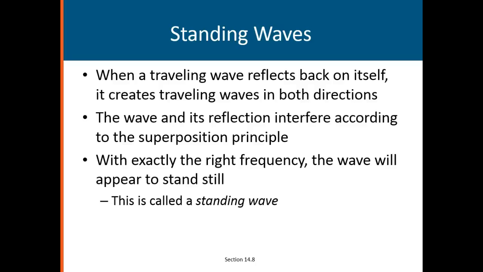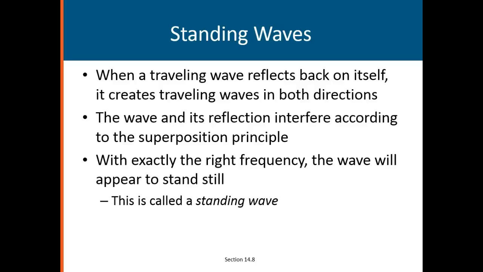The wave and its reflections interfere according to the superposition principle, which I think they probably hit in an earlier chapter, but basically when a crest meets a crest, that's positive interference. When a crest meets a trough, you go to zero. When a trough meets a trough, you have an enhanced trough, okay? That's superposition. With exactly the right frequency, the wave will appear to stand still, and that's called a standing wave.